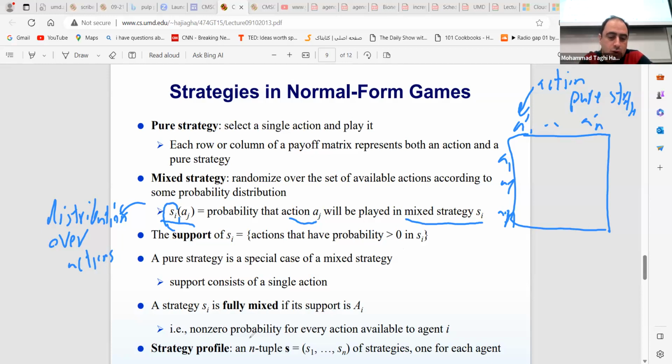But here we have, more generally, a strategy profile, which is an n-tuple S1 to Sn of strategies, one for each agent. And each of them, S1, S2, and Sn, by itself can be a mixed strategy. So itself is a vector in some sense. So we have vectors of vectors in some sense. That's the way that you need to think about it.